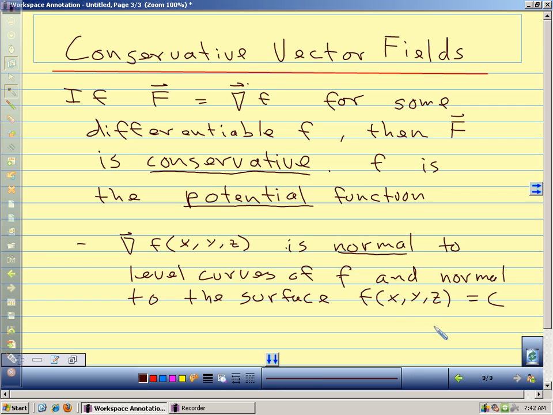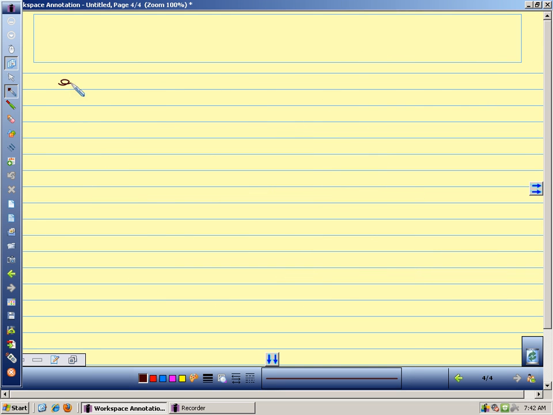So if we have a scalar function, to find a conservative vector field for the potential function, all we have to do is take the gradient. So let's look at a quick example of that.